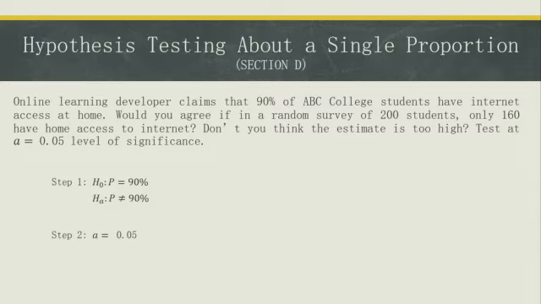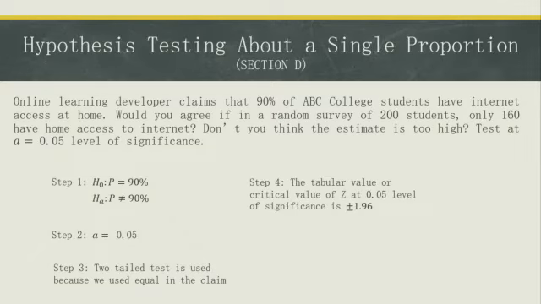Step 2 po, α is equal to 0.05. Sa step 3, two-tailed test is used because we used equal in the claim. Sa step 4, the tabular value or critical value of Z at 0.05 level of significance is positive or negative 1.96.